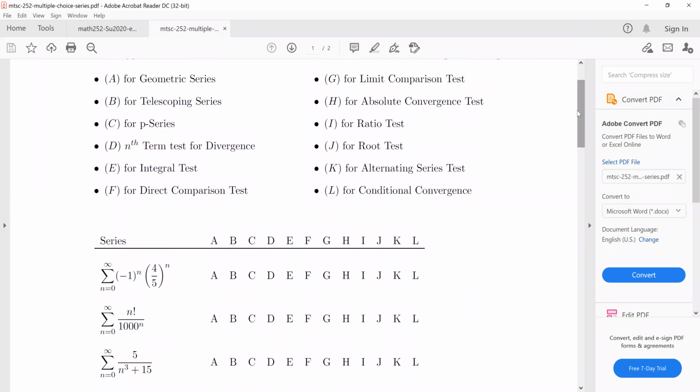With the first 3, you are to state which test you can actually use for this particular series. So for the series sum from n equals 0, of (-1)^n times 4 over 5^n, there are several different tests that I can use for this series.